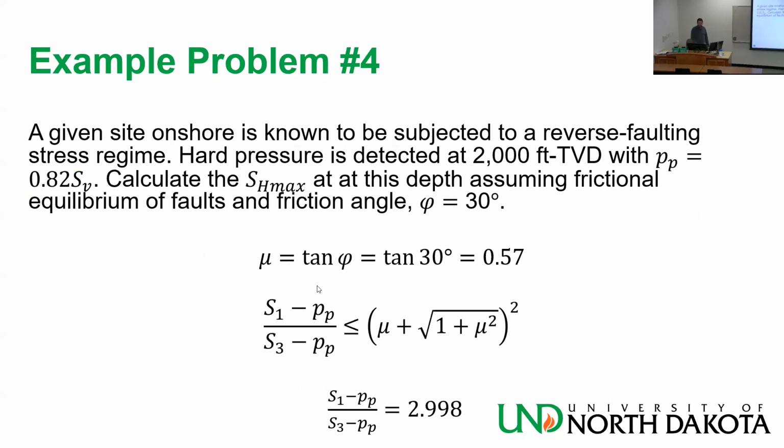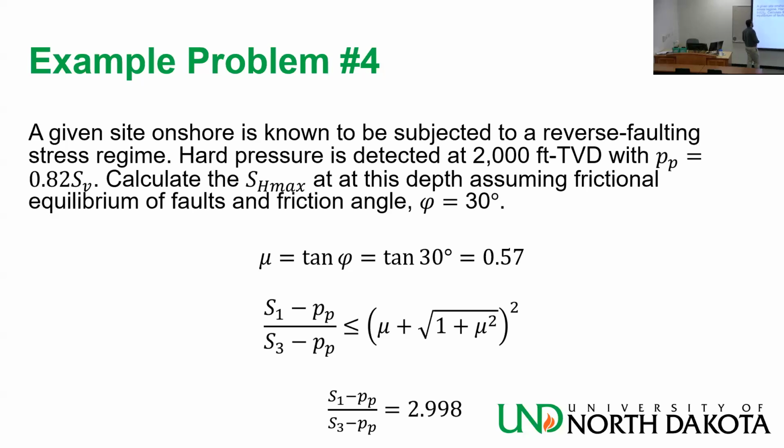Okay. Now, a given site onshore is known to be subjected to a reverse faulting stress regime. Hard pressure is detected at 2,000 feet true vertical depth with PP equals 0.82 SV.